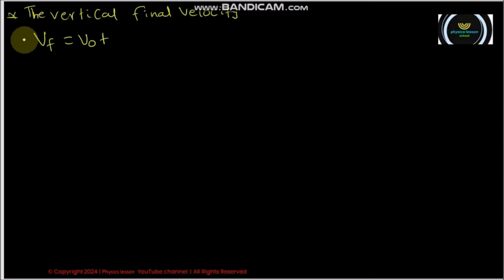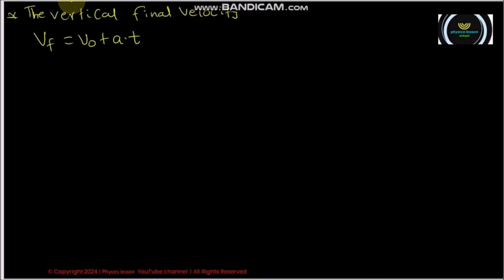Alright, what about the vertical final velocity? V final across the y. First, let's start from kinematics. V final is equal to V initial plus A times T. This is kinematics. We convert it to our vertical projectile motion.